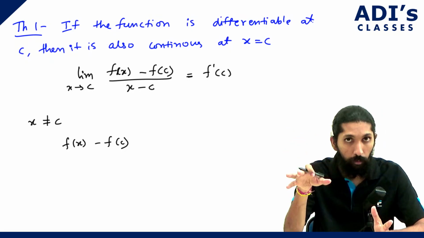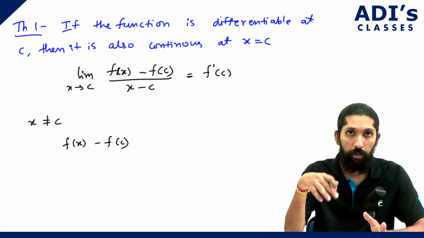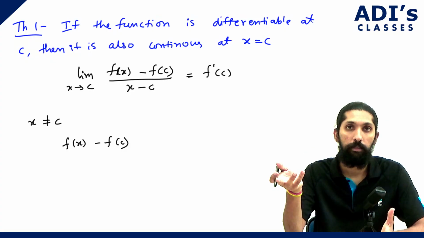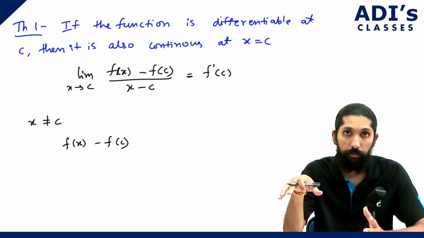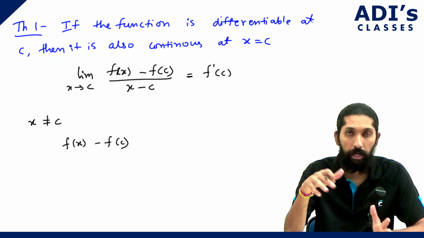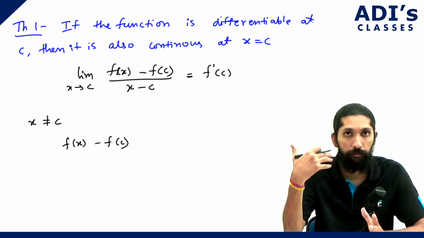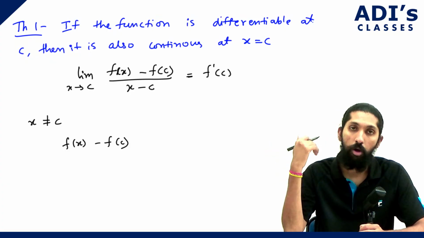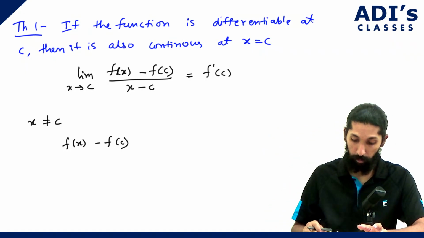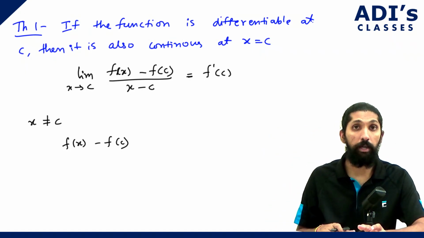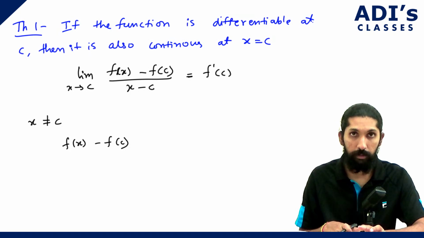If it was zero, you could not multiply and divide, because you can't divide by 0. Since it's a non-zero value, I can multiply, I can divide, I can do all the algebraic operations. So in this case, we multiply and divide by x minus C.